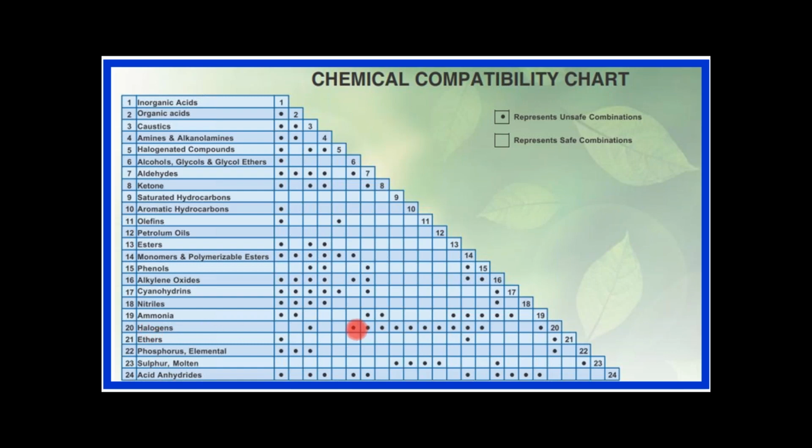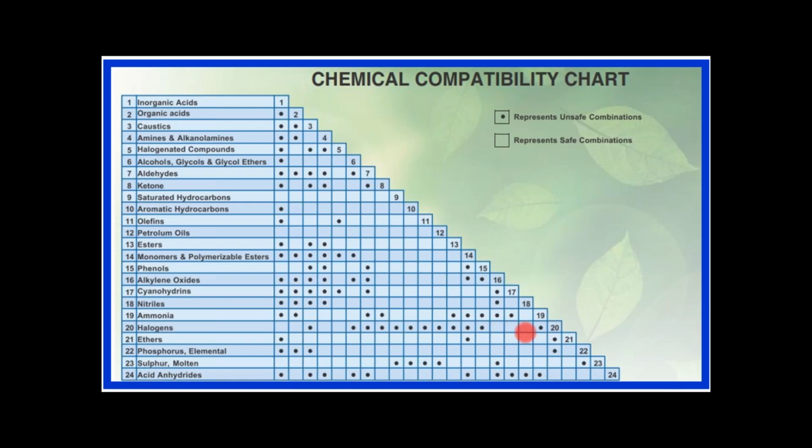So halogen is not compatible with the sixth group, the 7th, 8th, 9th, 10th, 11th, 12th, 13th, 14th, 15th. So these halogens are not compatible with these types of groups. It is also not compatible with the third group, and also not compatible with the 19th group.